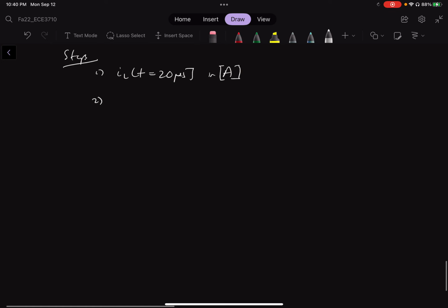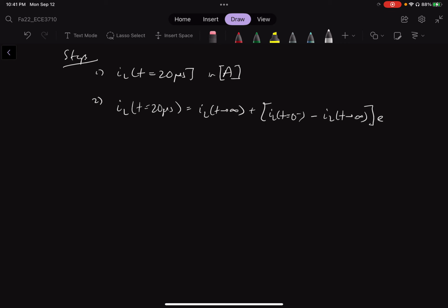Use the general equation that we learned in the first couple of minutes of this video. IL of t equal to 20 microseconds is equal to IL of t approaching infinity plus, in square brackets, IL of t equal to 0 minus IL as t approaches infinity, close bracket, e to the negative t over tau L. And this t is equal to 20 microseconds, by the way.